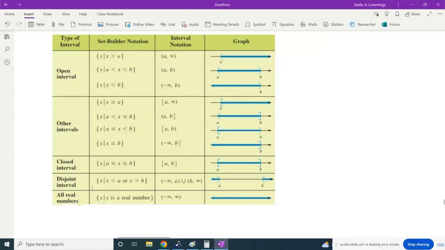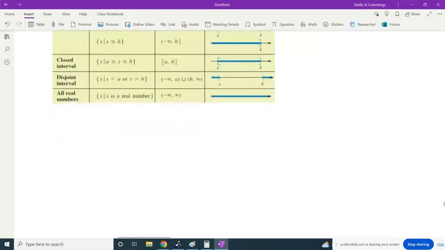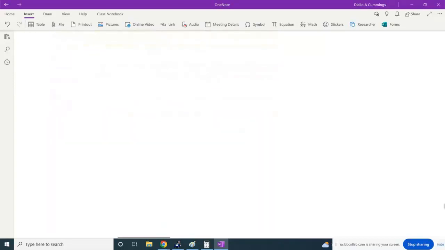All right, now some of these things we don't deal with, well, I guess we do deal with it. We're going to take a look at some examples using real numbers.